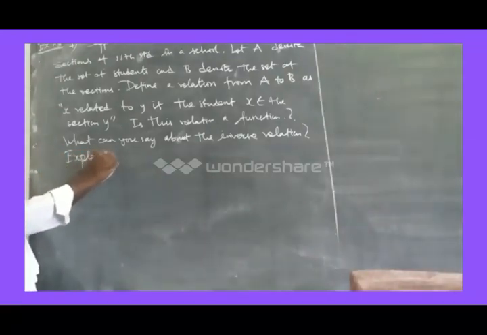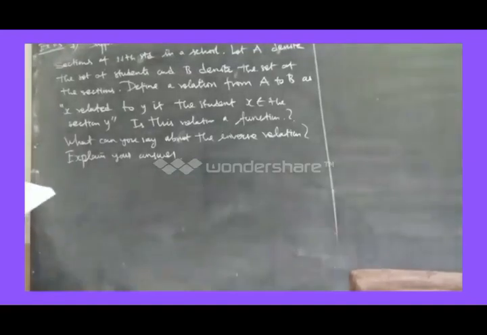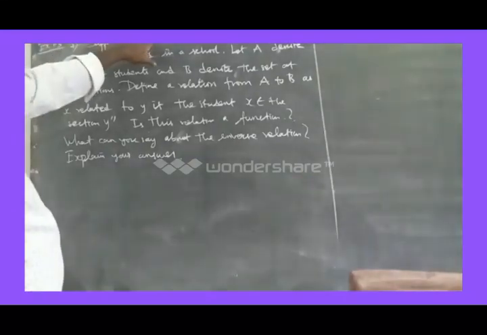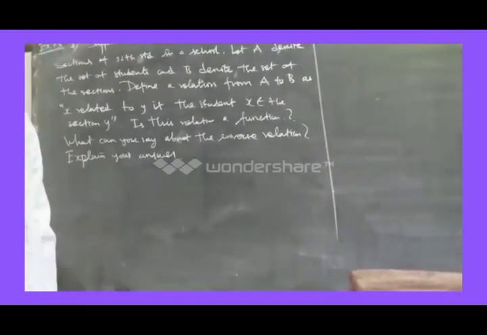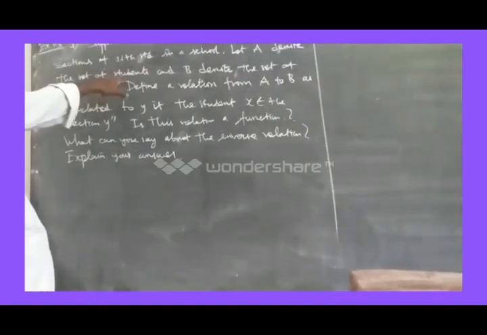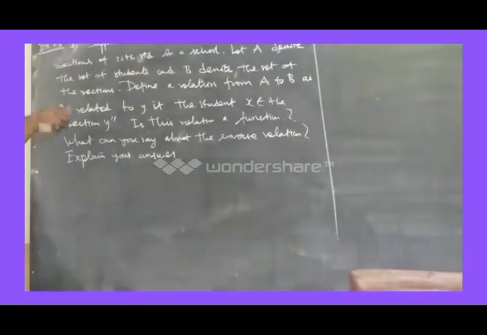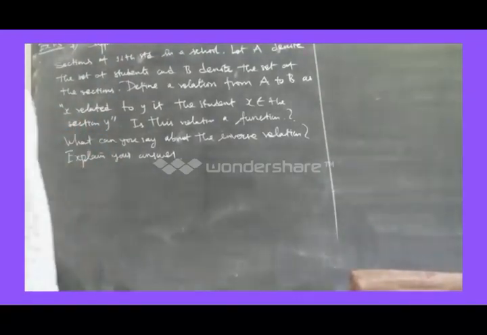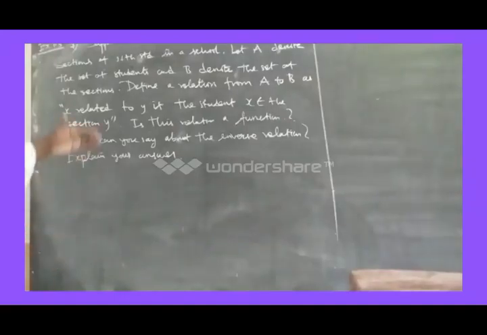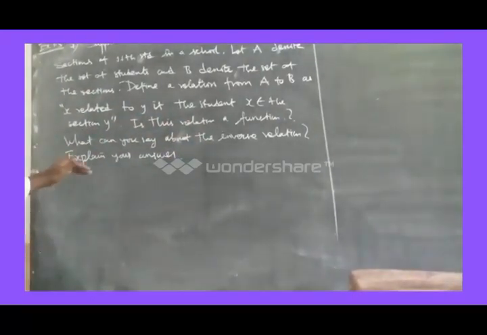So, the question is: suppose that 120 students are studying in 4 sections of 11th standard in a school. Let A denote the set of students and B denote the set of sections. Define the relation from A to B as x related to y if the student x belongs to the section y. Is this relation a function? Second question, what can you say about the inverse relation? Explain your answer.